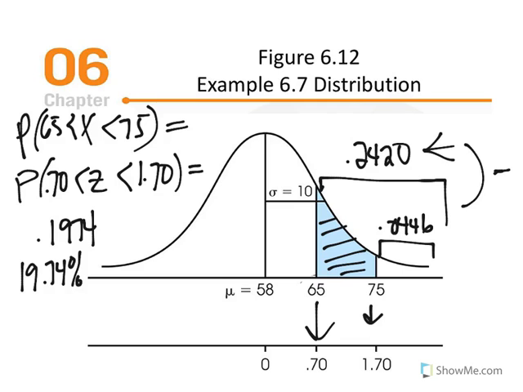So the initial question was, what is the proportion of cars that are traveling between 65 and 75 miles per hour? And the proportion of the distribution would be equivalent to 0.1974, or there are 19.74% of cars traveling between these speeds.